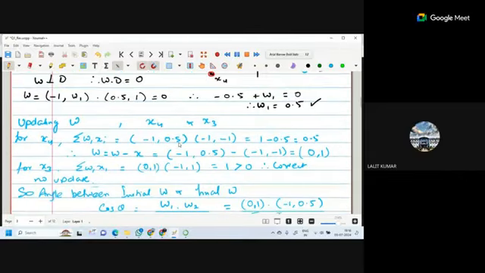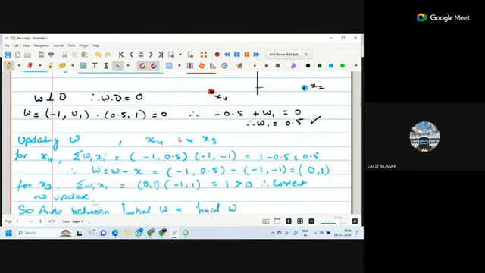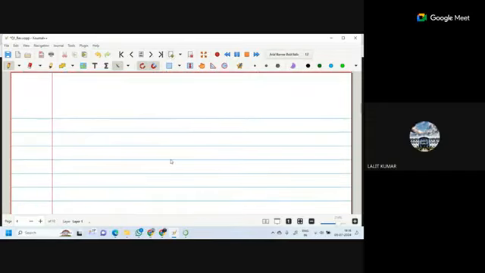Second, there is a question in the PYP where they have given an initial W. You have been given some data x1, x2, y, something like what I covered earlier, and initial W, for example, 1, -1.